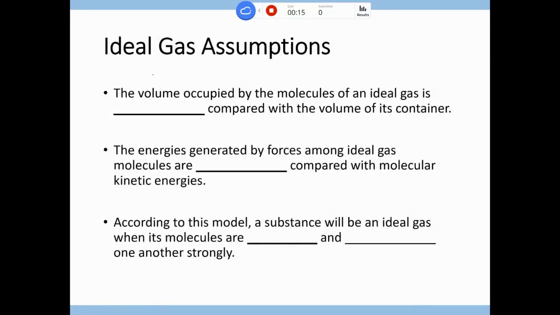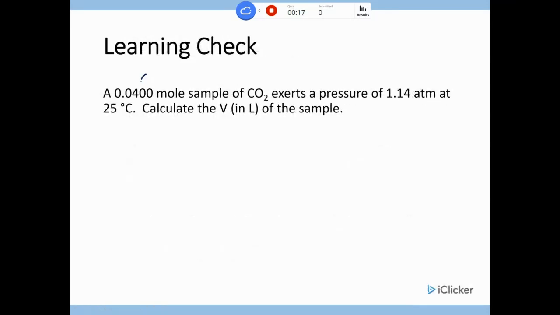So we have amount in moles, we have pressure in atmospheres, and we have temperature. It is in Celsius, but you'll need to convert to Kelvin. We always use Kelvin for gas problems. And we're looking for volume.